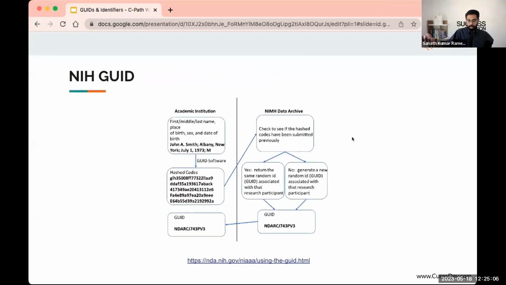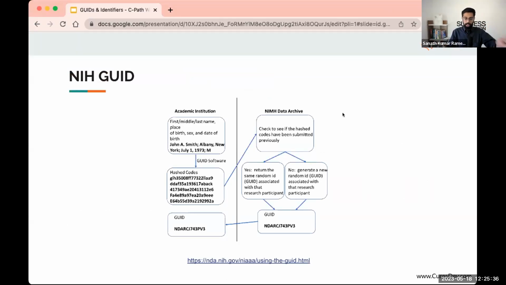The NIH GUID was one of the first to come up with this technique, and they use a hashing technique that's different from some of the other folks. Their implementation is a little bit more privacy sensitive in the sense that your inputs have to be exactly right. So if someone misspells my name with 2 S's instead of 1 S for my first name, you're going to get a completely different ID.